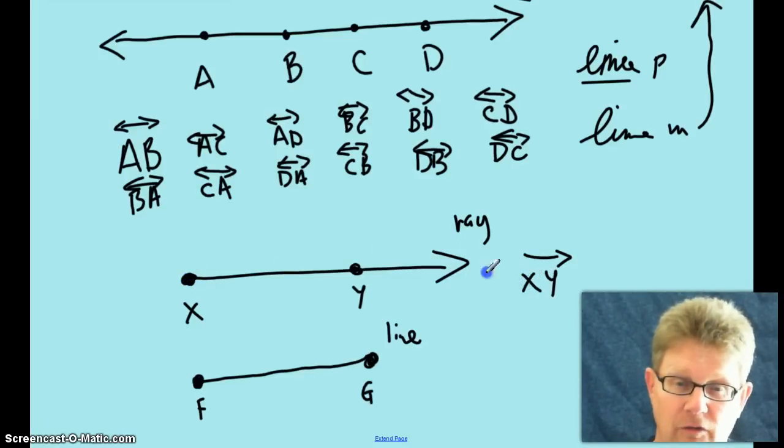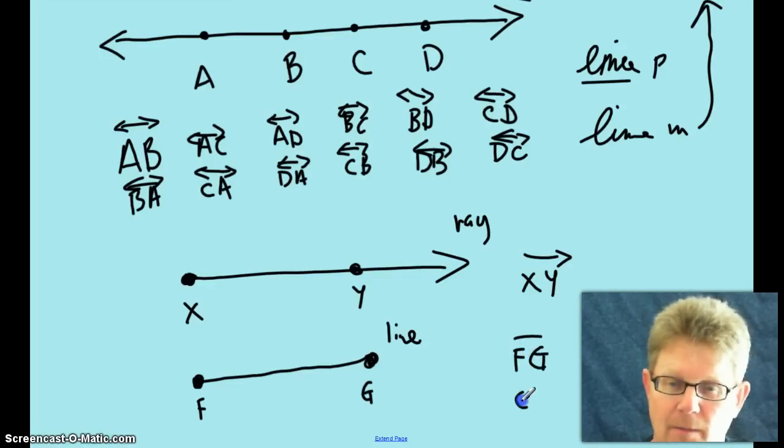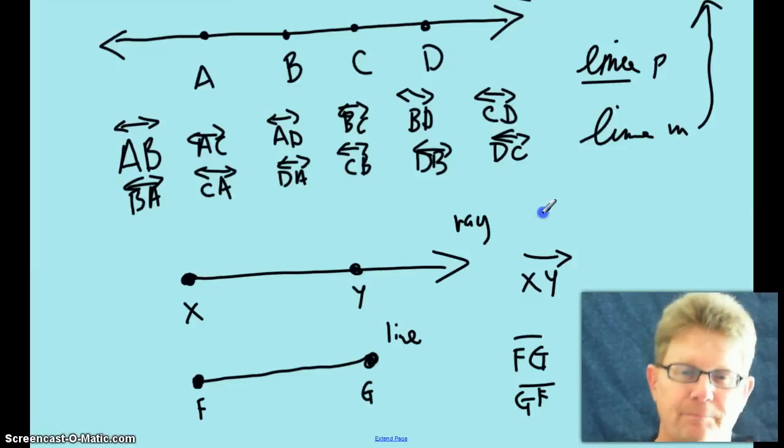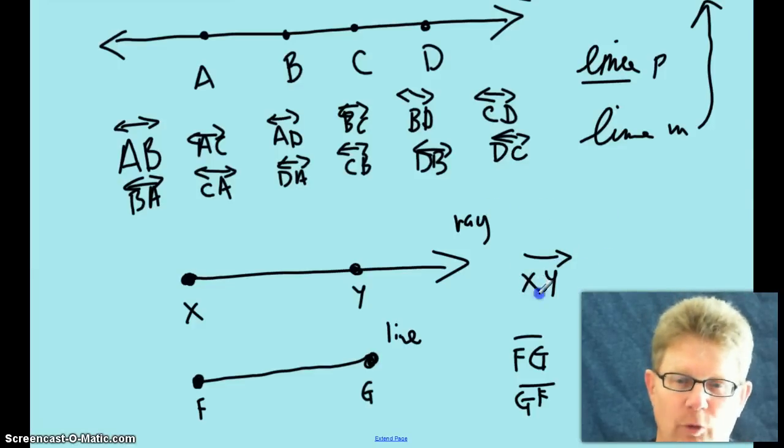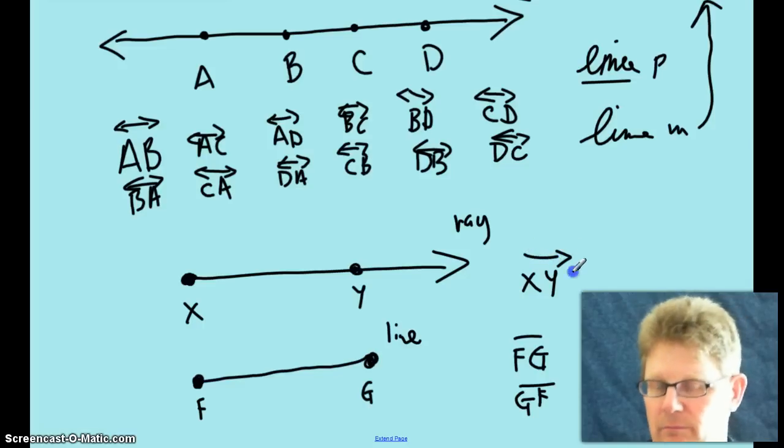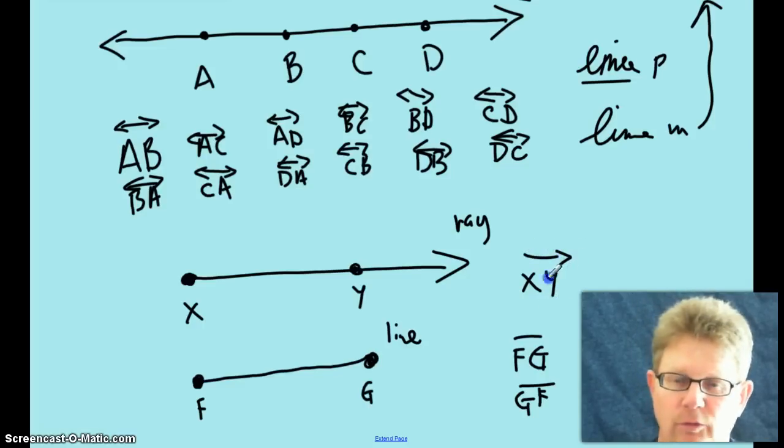X is where it starts, and then it goes through Y and keeps on going. And then segment FG will just have a bar over the top with no arrows, meaning that it ends at both points. Alright, so that's how you name a ray. Endpoint first, always going to the arrow, always pointing to the right. And that is how those are parts of a line.